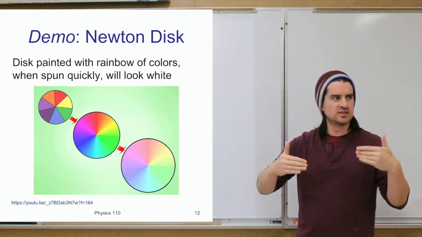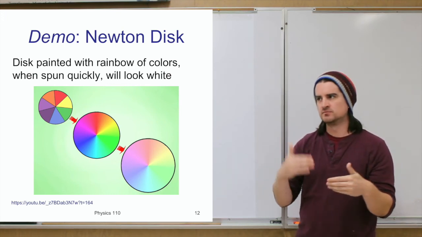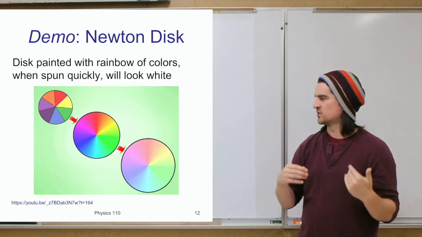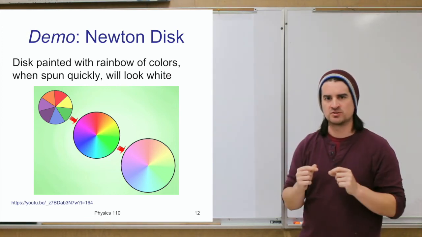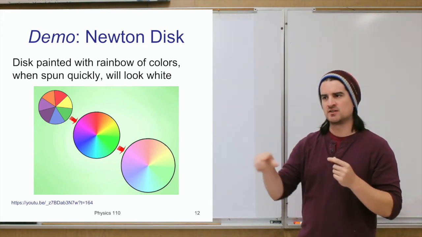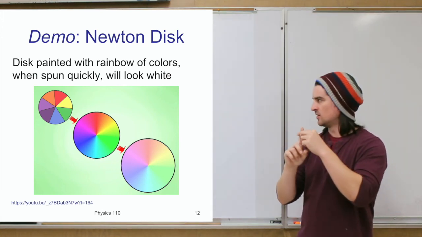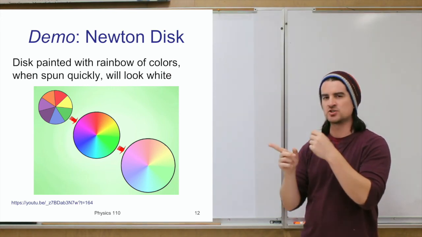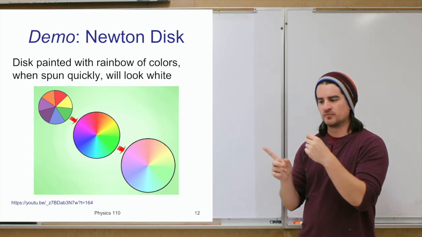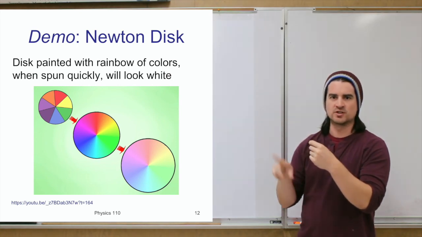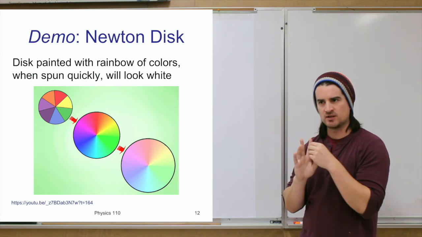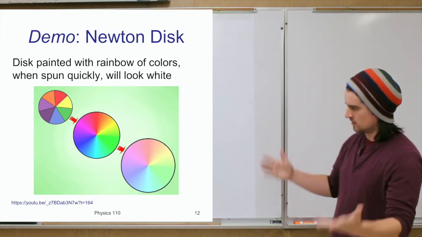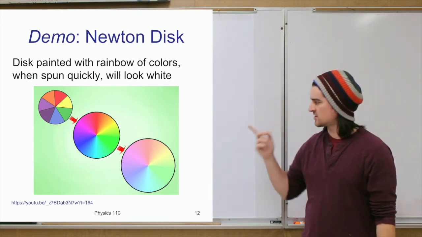You can only see things at a certain speed, or it only acquires visual information in certain little chunks. So if it spins fast enough, then to our eyes, all the colors coming off this disk, even though they technically are separated, will overlap for our experience, and we see all the photons of the different colors coming at us at once. The result is that if you spin this colored disk fast enough, it just looks white.